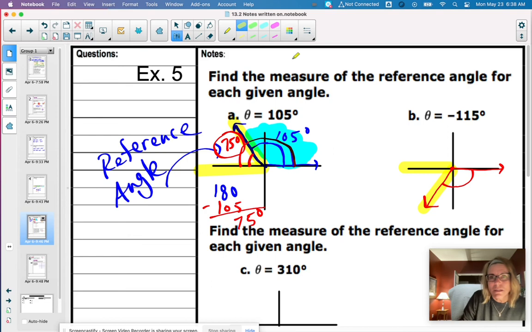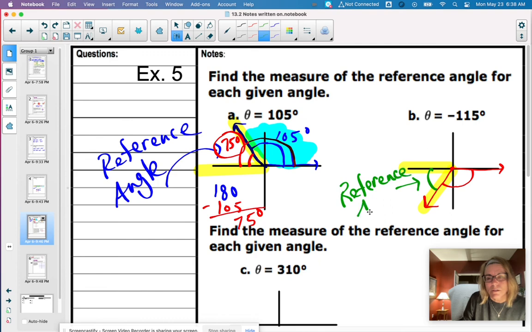It has to be right there. Reference angle. It cannot be over there, cannot be over here, because that adds up to 115, which is greater than 90. So how do we find a reference angle?